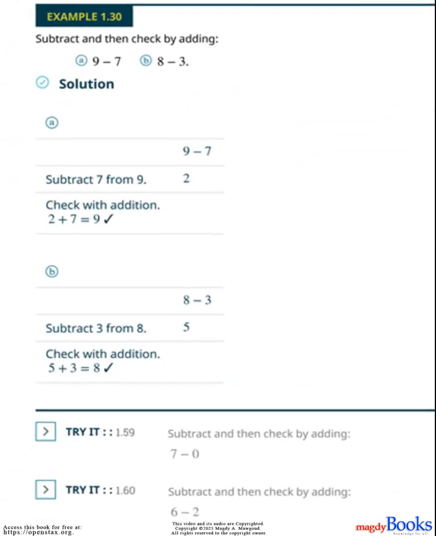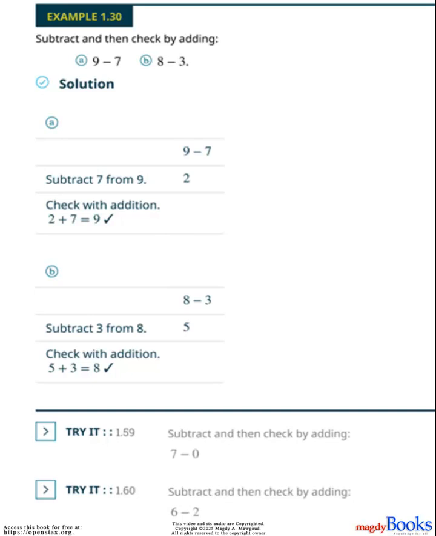Example 1.30. Subtract and then check by adding. A. 9 minus 7. B. 8 minus 3. Solution. A. 9 minus 7. Subtract 7 from 9. 2.